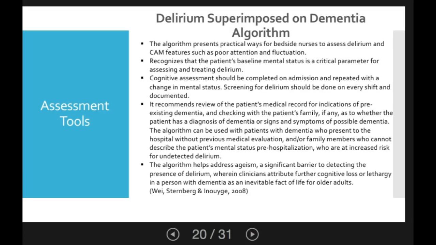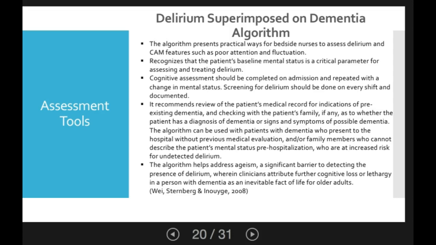The Delirium Superimposed on Dementia algorithm is a tool for bedside nurses to assess for delirium. It focuses on determining the patient's baseline cognitive function. So you're basically going to assess for dementia first before you go forward in assessing for delirium.